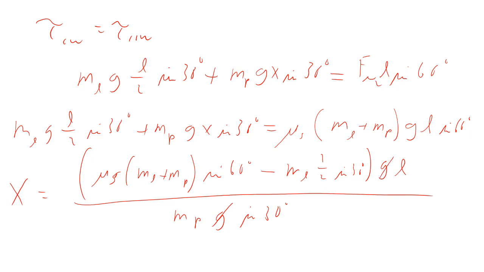And notice we can cancel the G's. Now we're able to plug in all the numbers, and what we come up with is 2.5 meters. So the person makes it up 2.5 meters before the bottom slides out and the thing goes crashing down on them.